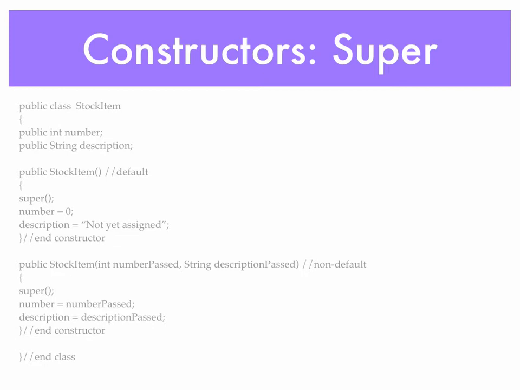Now, be it a call to the default constructor of our parent class or the non-default constructor, we should always call the constructor of our parent class. That should be the first line of our constructor method, if our class extends any other class. Now, we know that all classes extend the class Object.